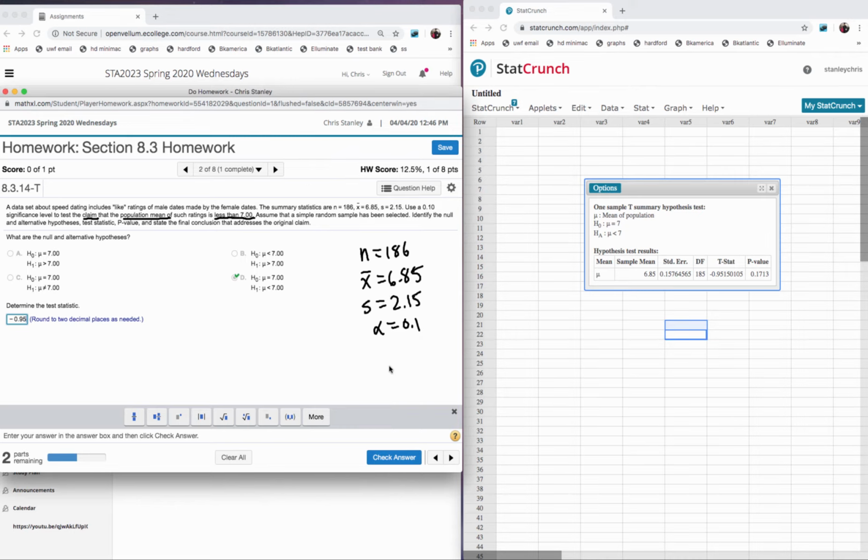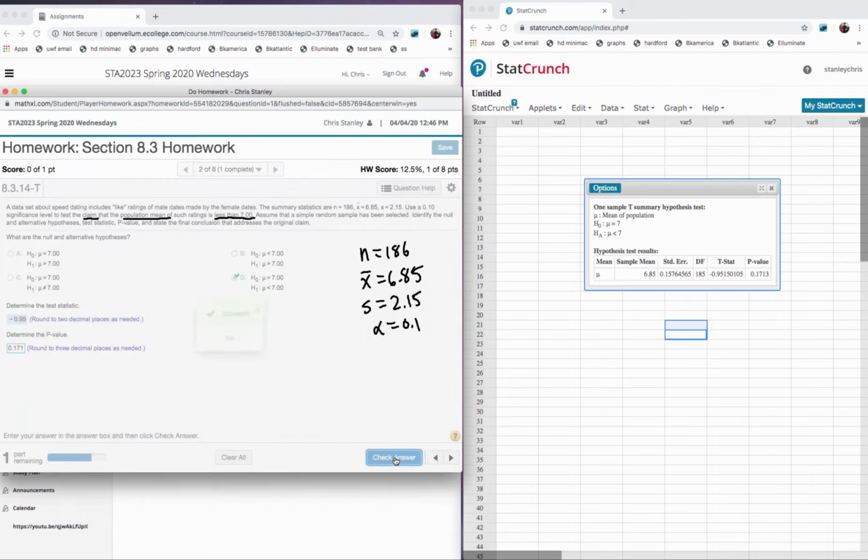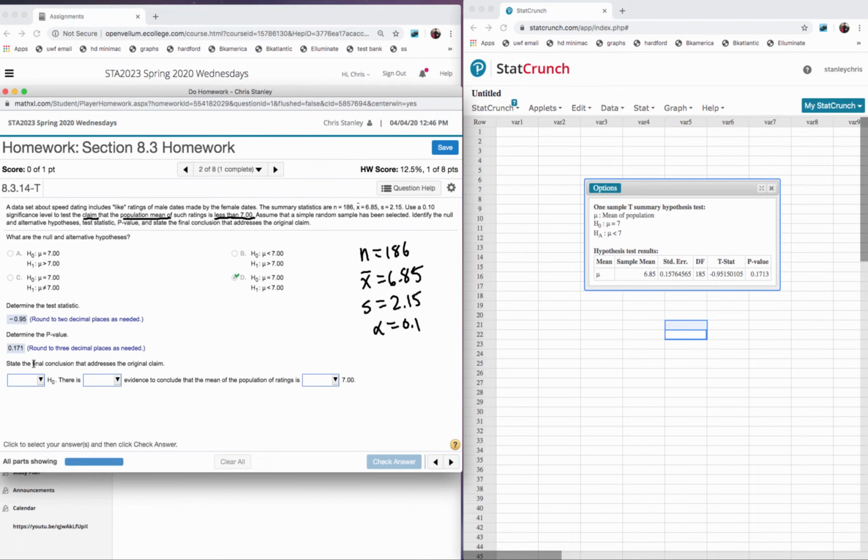Okay, good. P-value. P-value is 0.171. Okay, so same thing. We compare this p-value, follow me up here, to this 10%. 17% is bigger than 10%, so it's going to be a fail to reject.